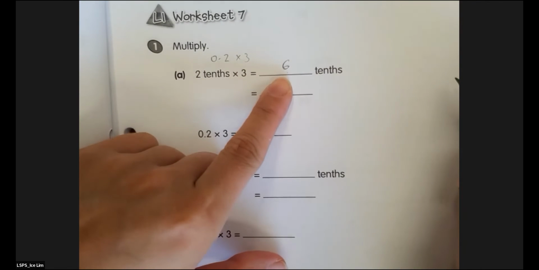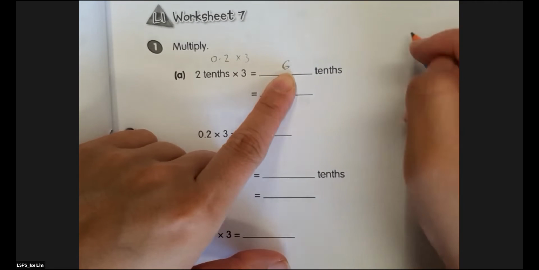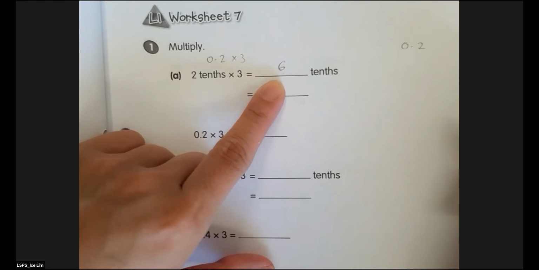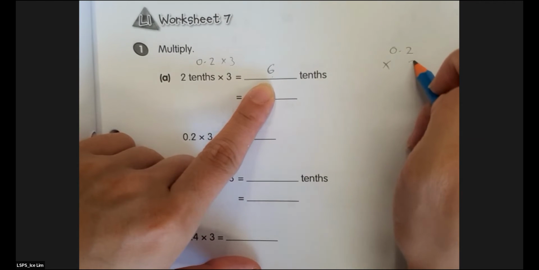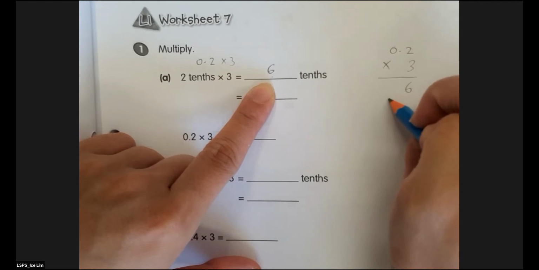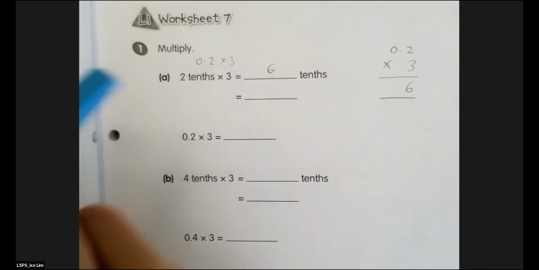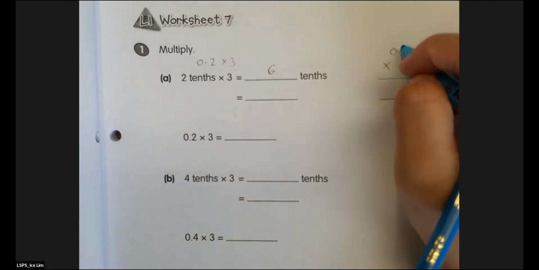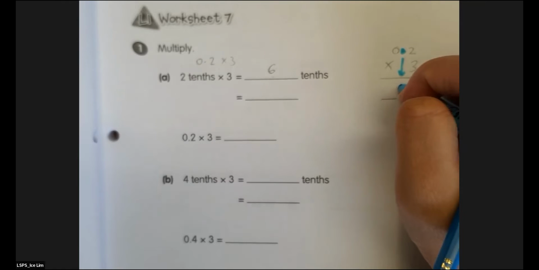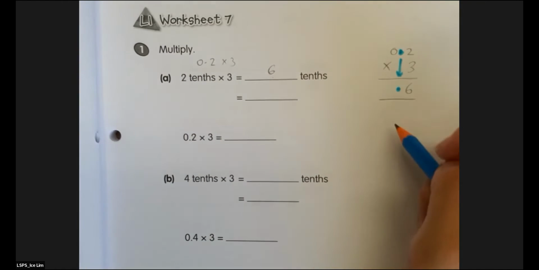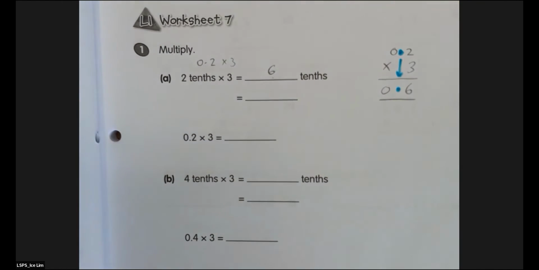So the same math facts. But the difference is now when I do the multiplication at the side here, I have the 6, but I cannot forget the very important decimal point and the 0 when it happens.